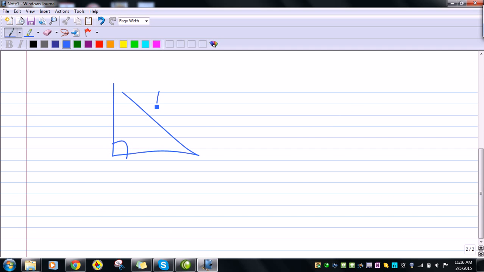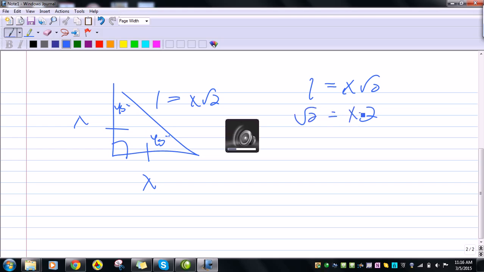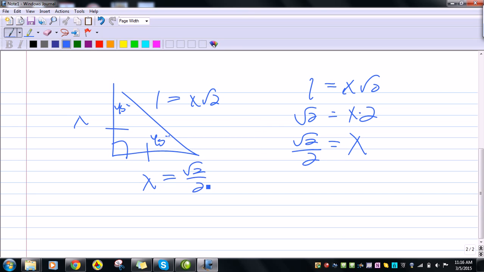I'm trying to figure out if that's 1, what are my other two sides? So 1, remember, is my x root 2 side, and the other two sides are called x, using my 45, 45, 90 ratios. So if 1 equals x root 2, if I multiply both sides by root 2, I get 2x equals root 2. And then if I divide both sides by 2, I get my x value. So therefore, my other two sides are going to be root 2 over 2.